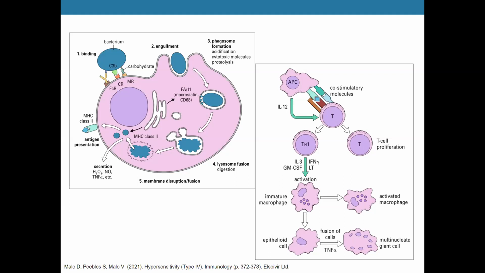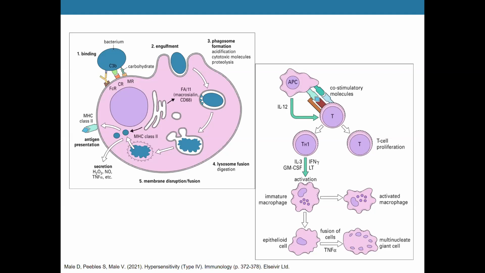On the right, we see APCs, antigen-presenting cells, with those MHC class 2 molecules and antigen, which further activates T cells, specifically early on with specific co-stimulatory molecules like we talked about with the IL-12, causing further differentiation into the Th1 pathway. And that promotes further macrophage activation, and with TNF alpha specifically, the epithelioid cells into multinucleated giant cells.